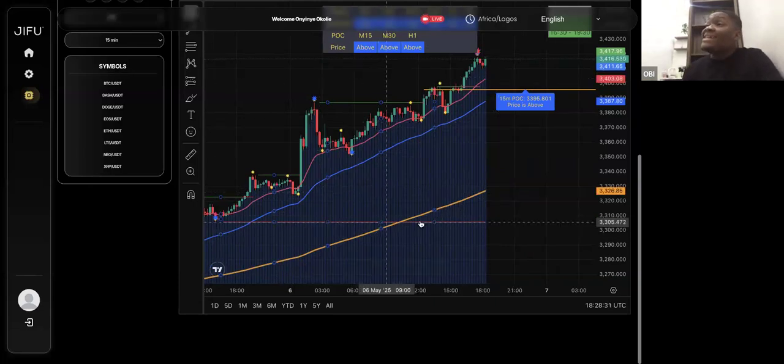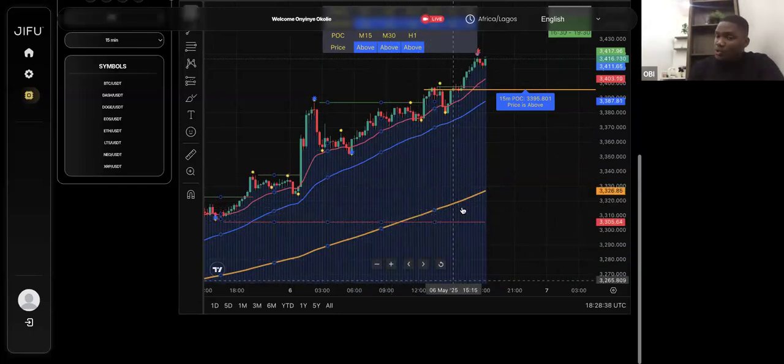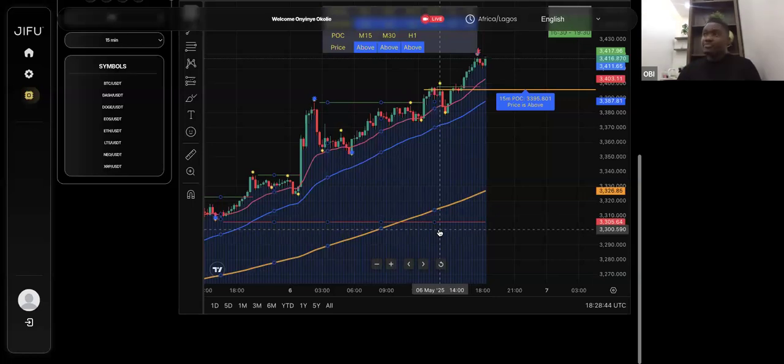Once this yellow line, or this light orange line, which is called the 238 line, is below the candlesticks, consider that market for a buy.